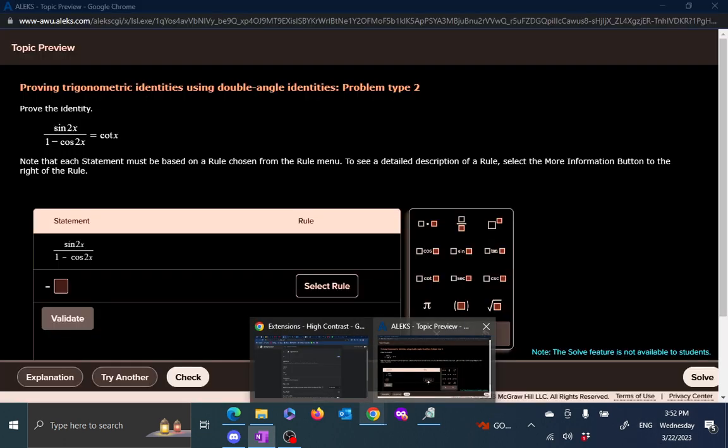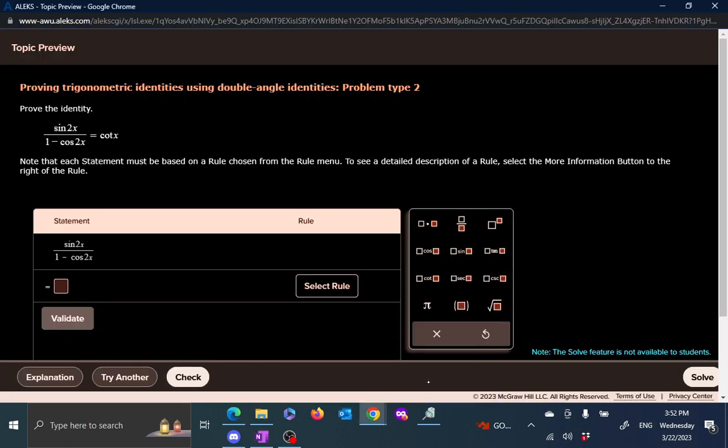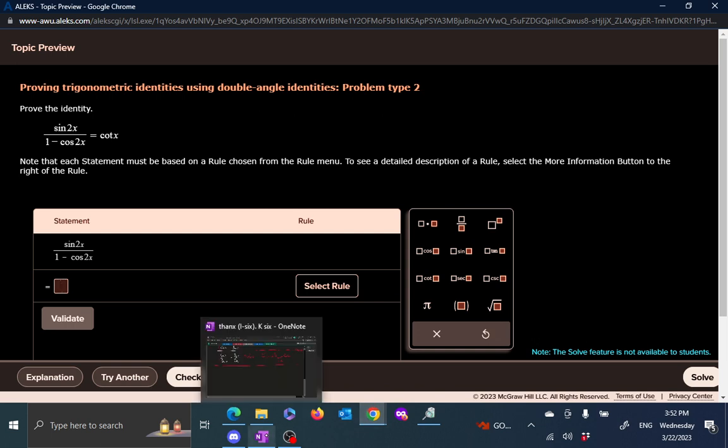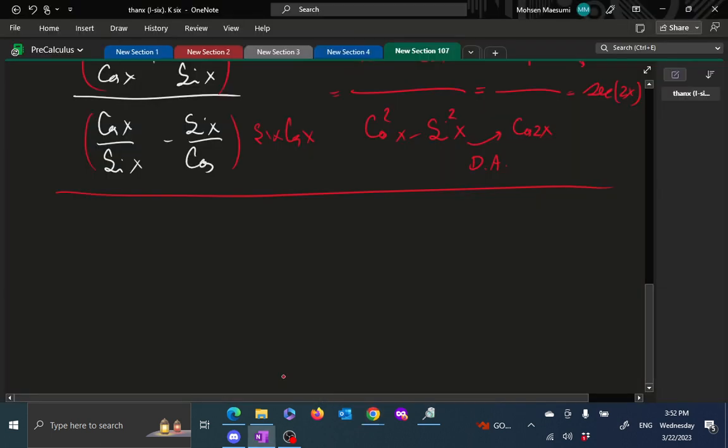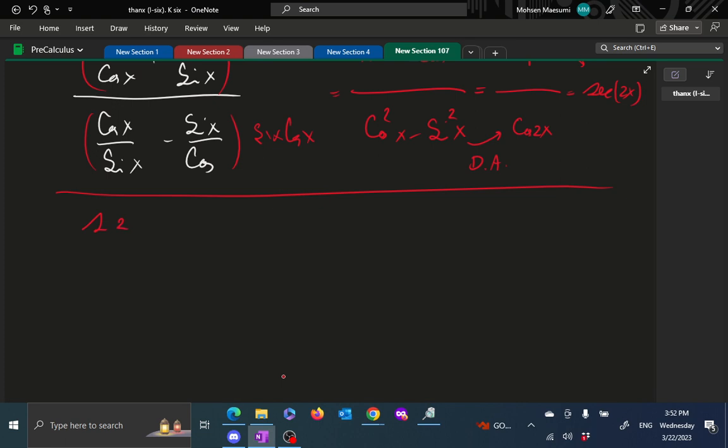I forgot. We had sine of 2x over 1 minus cosine of 2x. And we want to show this is equal to cotangent of x.